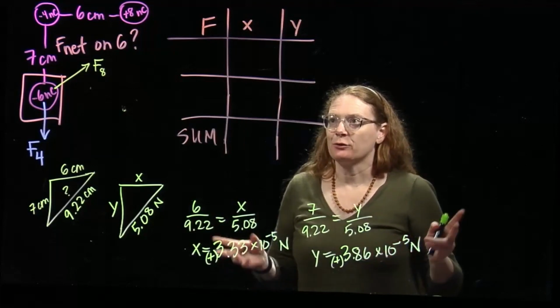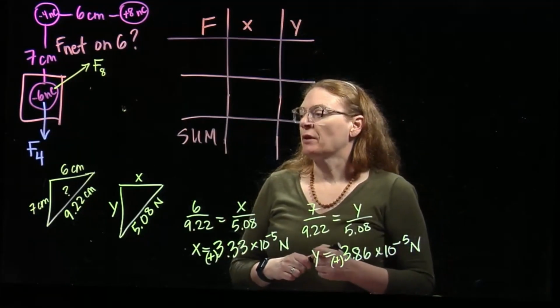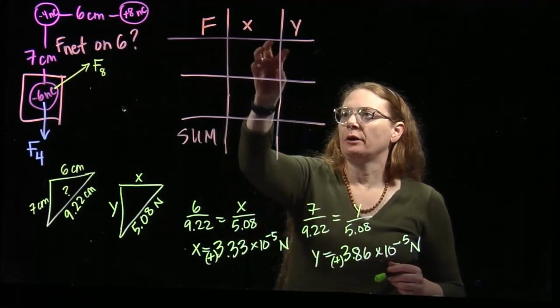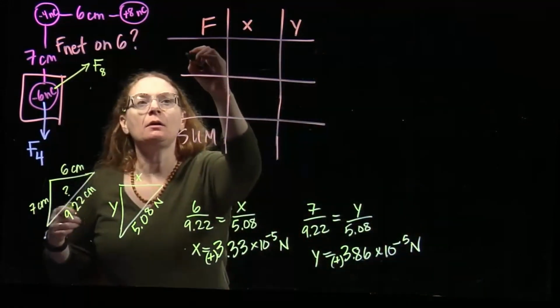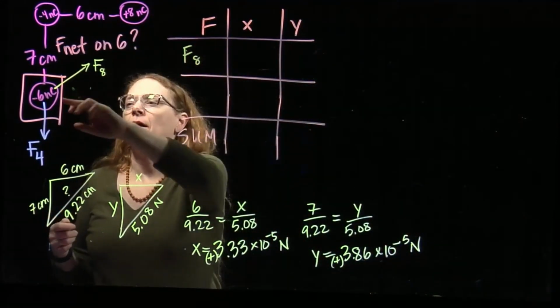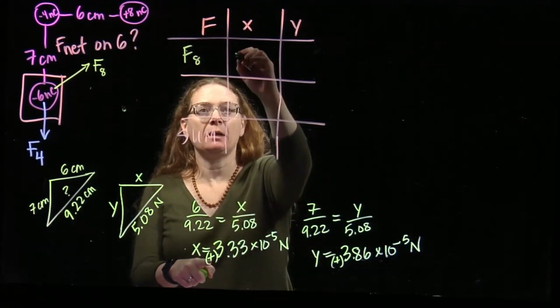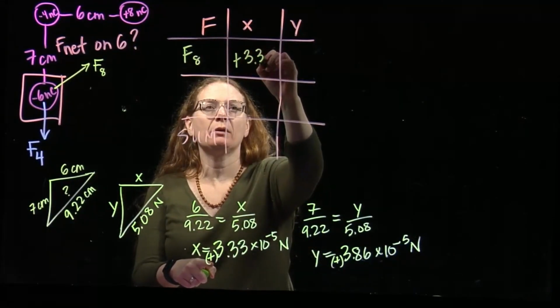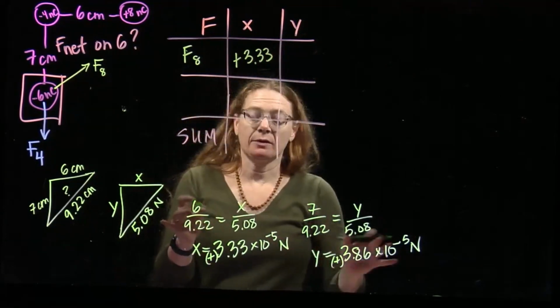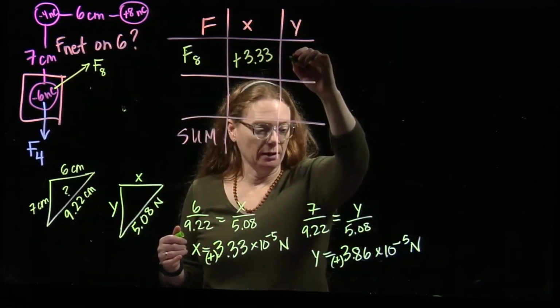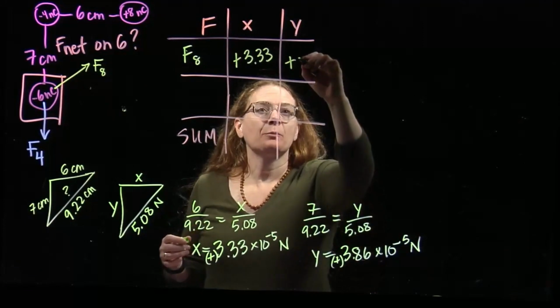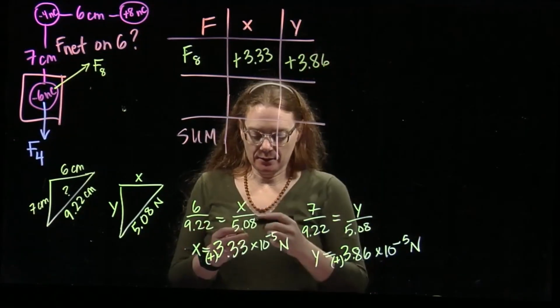All right, let's get those components into the chart. We've got two forces. We've got to figure out the x and y components for both, which we already did. So the force of the 8 acting on the 6, we just figured those out. In the x direction, it is a positive 3.33, and all of the exponents are the same, so I'm going to shortcut writing those down. Y was positive 3.86.